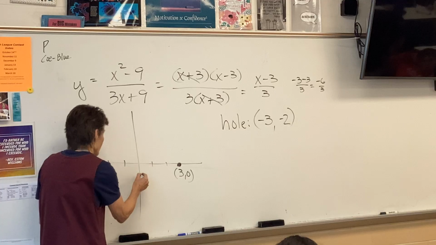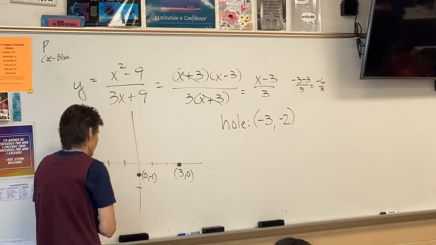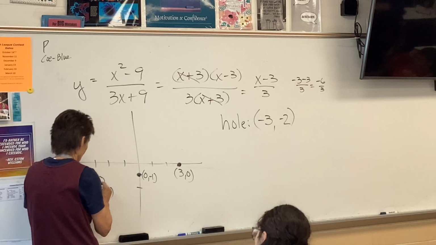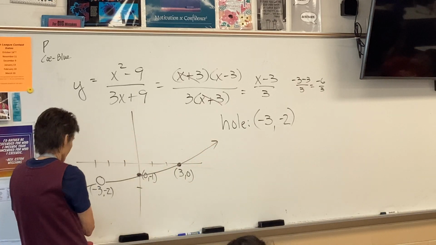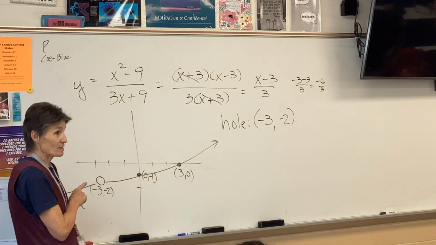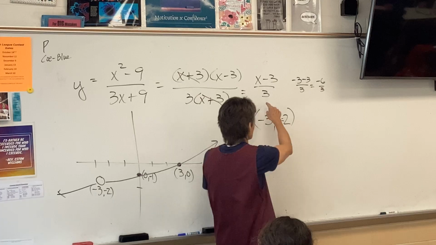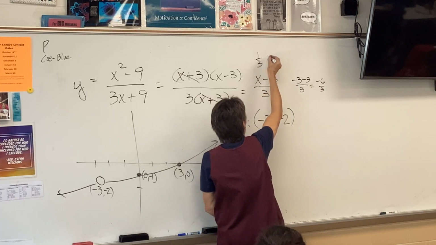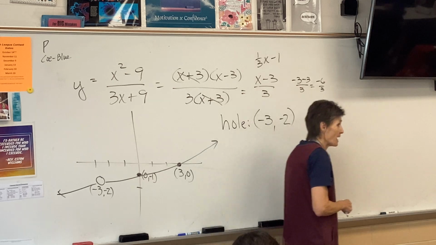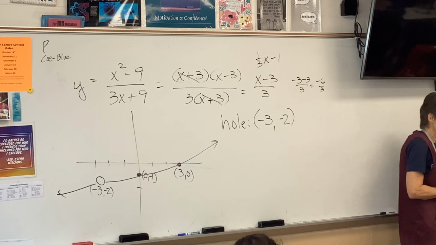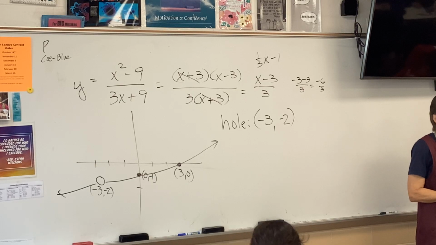Negative 1. That is supposed to be a straight line. This is a straight line because this equation is the same as that, and that is y equals mx plus b. The intercept is negative 1 and the slope is 1/3.